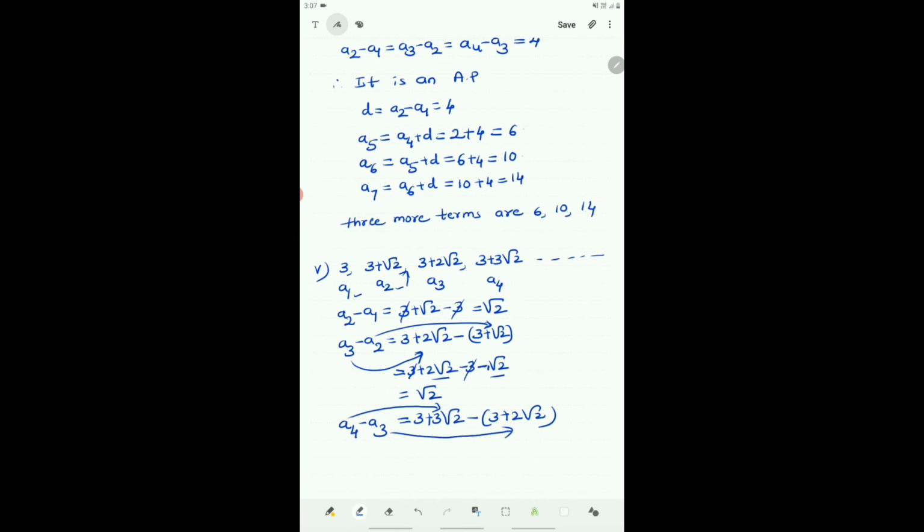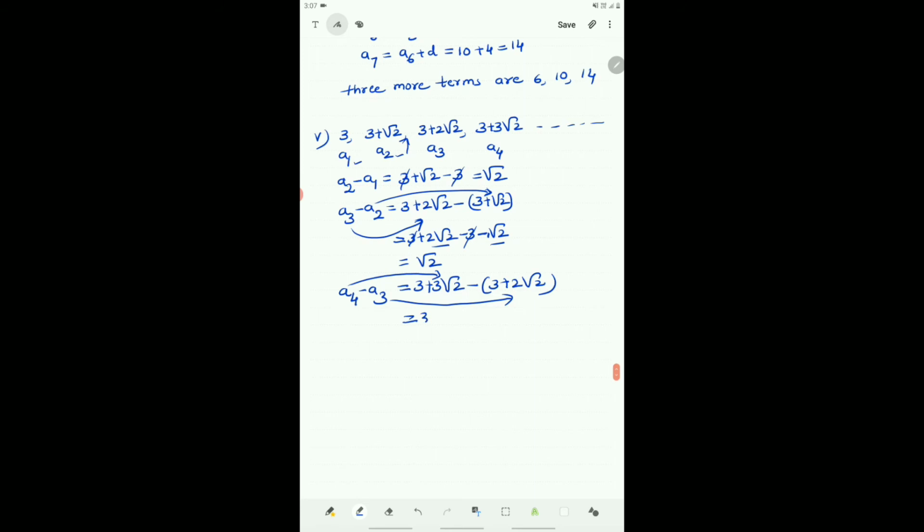Open the bracket: 3 plus 3 root 2 minus 3 minus 2 root 2. If the bracket is opened, the sign changes. Then the 3s cancel. That is 3 root 2 minus 2 root 2. 3 minus 2 is 1, that is root 2.